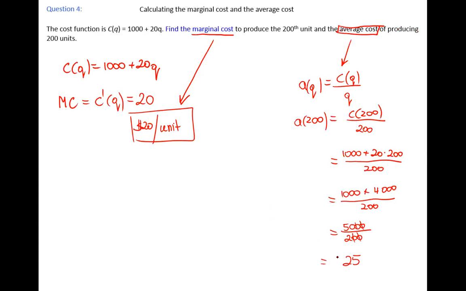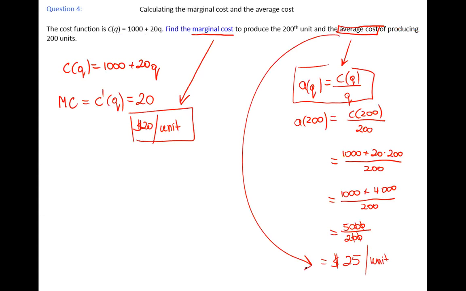That's the average cost. So the marginal cost is $20 per unit, and the average cost is $25 per unit.